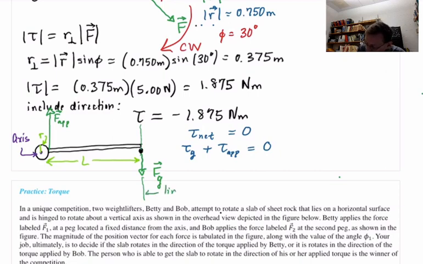Draw the line of action. Then, draw the moment arm. That's the perpendicular distance from the axis of rotation to the line of action. And I'm sorry if my rectangle doesn't look perfectly horizontal.